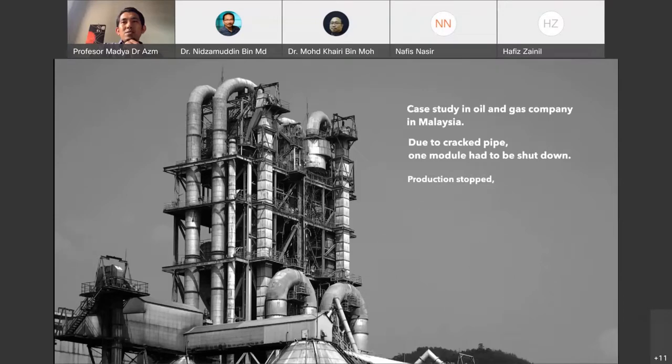Okay, so this is a case study in Malaysia, where we have a crack on a pipe, and then one of the modules in the plant has to be shut down, and then the company will lose 2 million ringgit per day.